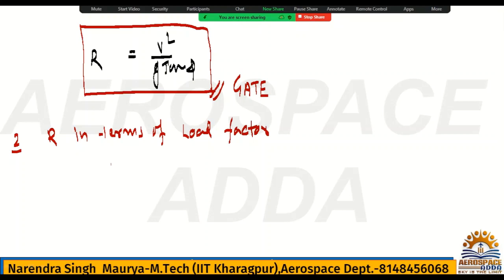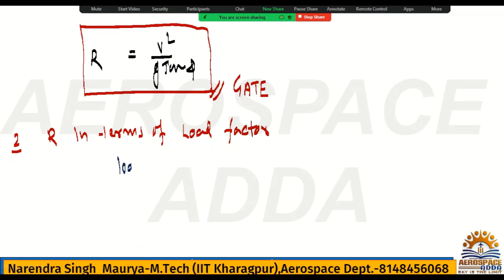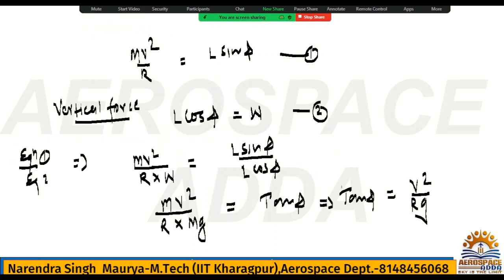What is the load factor? Load factor n is nothing but lift by weight. Check what is the lift by weight here from this equation. Lift by weight is nothing but 1 upon cos phi, which is nothing but sec phi.